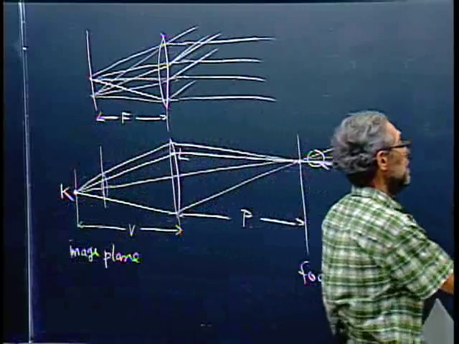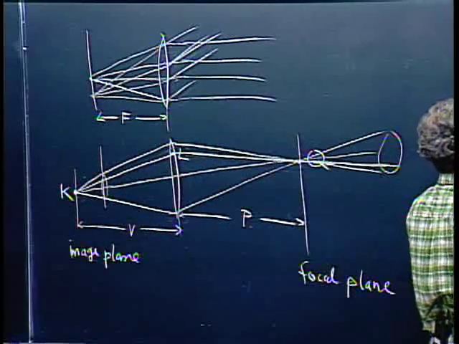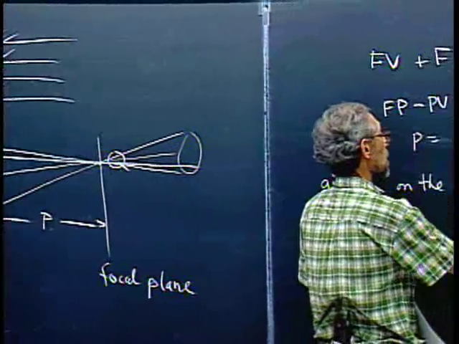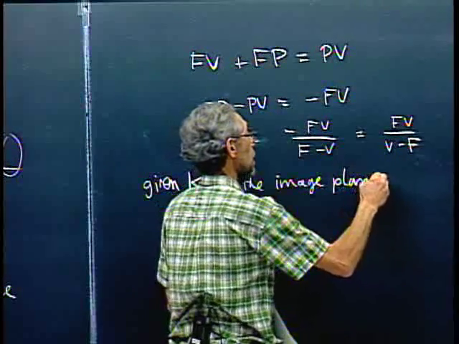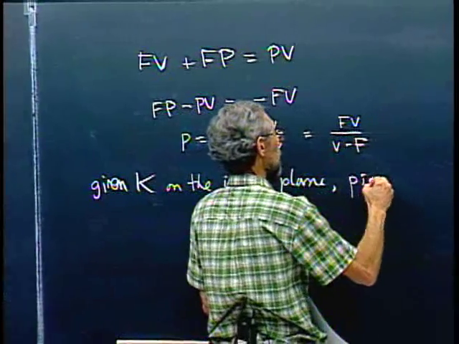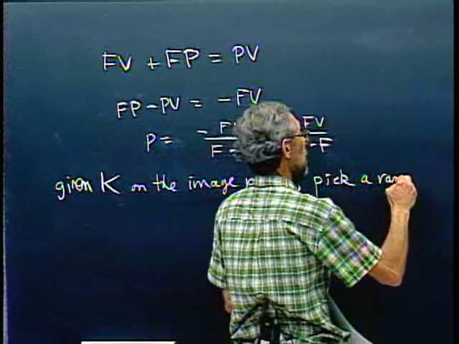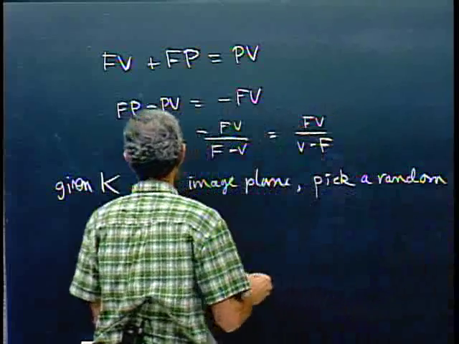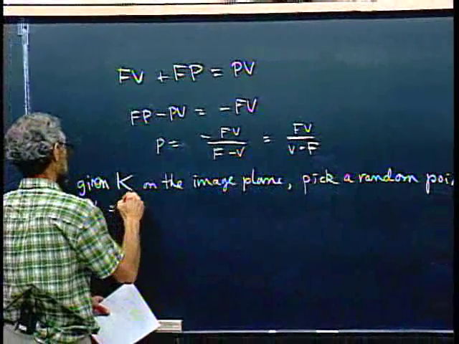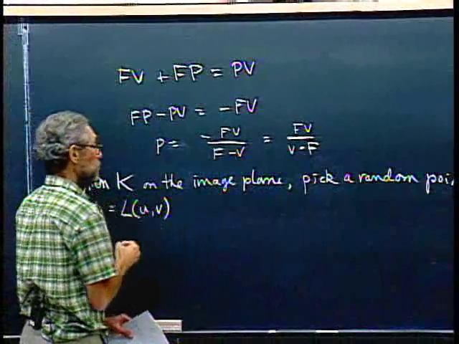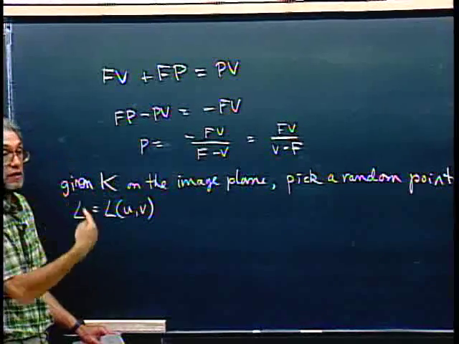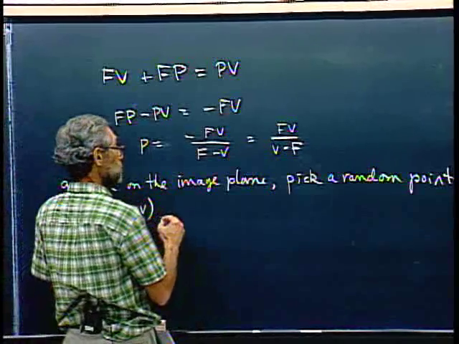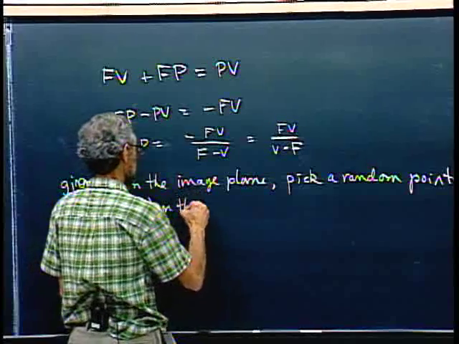So basically, given K on the image plane, we pick a random point L. Why don't I say L in terms of U and V, where U and V are parameters that describe, say, horizontal and vertical coordinates on the plane of the lens.